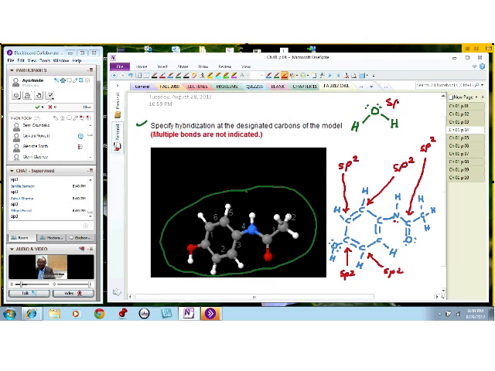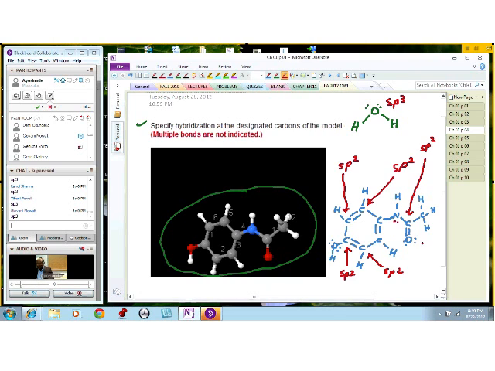The hybridization of this oxygen is sp3 because you think of each lone pair of non-bonding electrons as an atom. So you have 1, 2, 3, 4. It is bonded to 4 atoms. Therefore it is sp3.